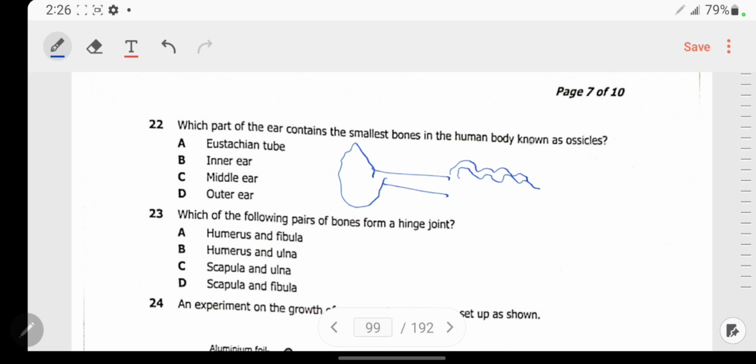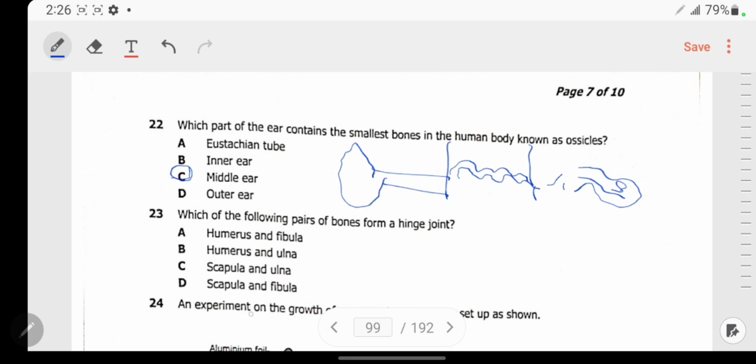These are found in the middle part of the ear. In the inner part of the ear, we have the cochlea and the auditory nerve, among other options. So the correct answer for this one is the middle ear.